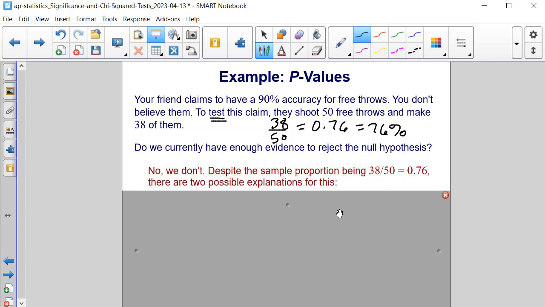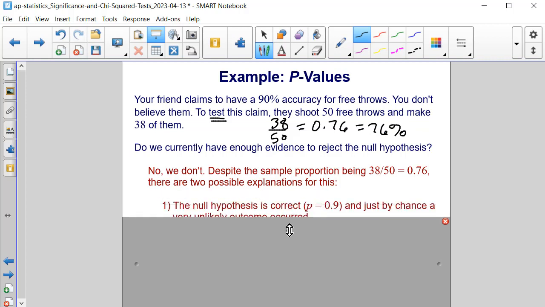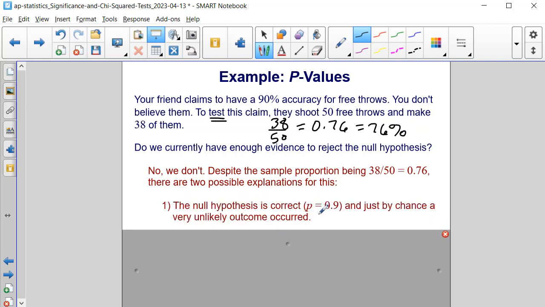there are a couple of different explanations for this. Yes, we see that this is not equal to 90% and it's less, but we could have the null hypothesis be correct and just by chance a very unlikely outcome occurred. Your friend could be having a bad day and make a smaller percentage of free throws on that one day.